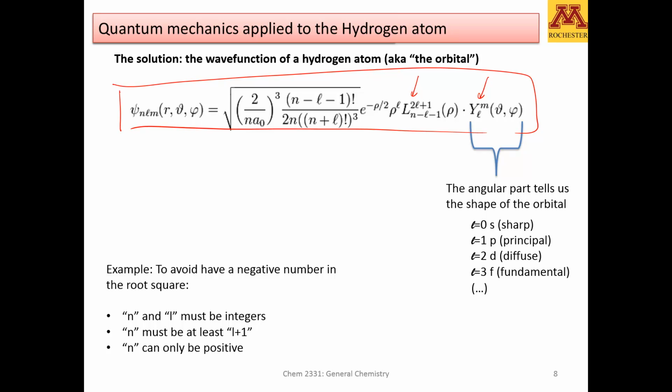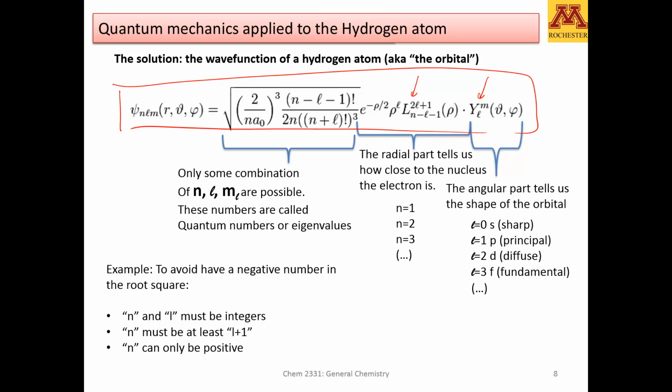It will depend on what we call quantum numbers, three different quantum numbers: n, l, and m sub l. n is called the principal quantum number, and it refers to the size of the orbital.